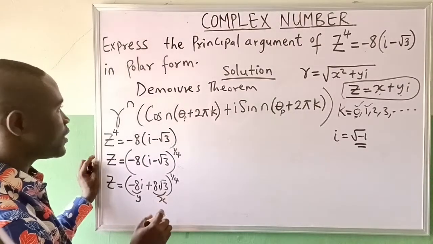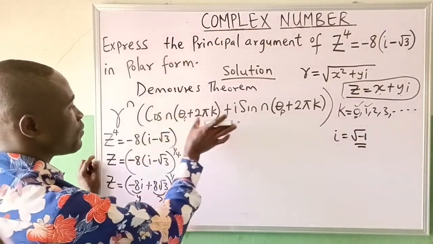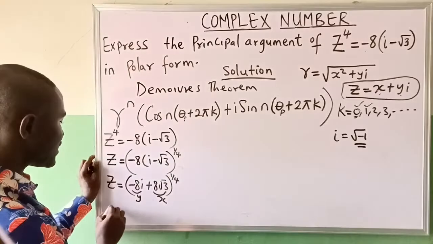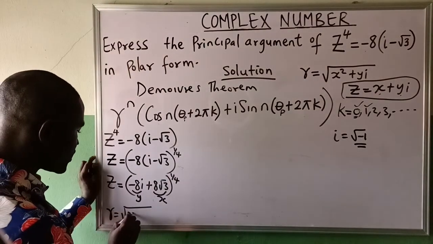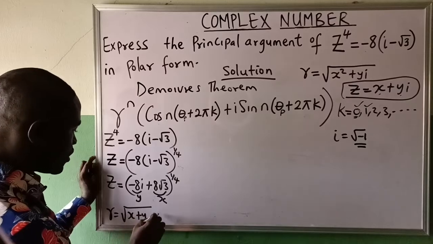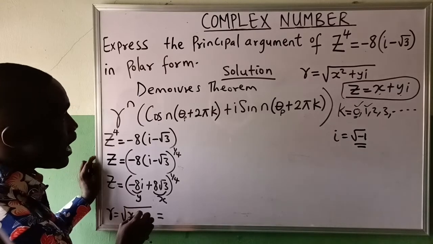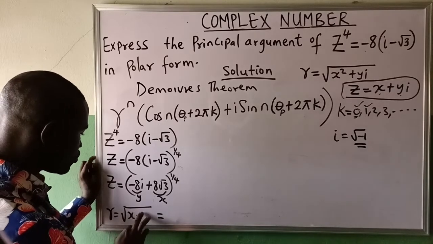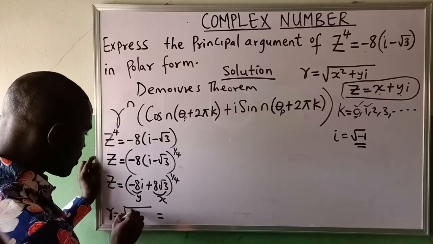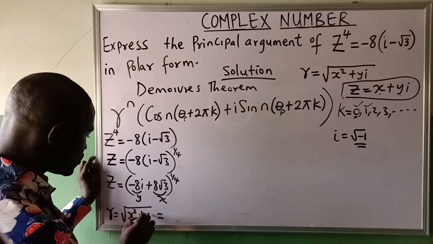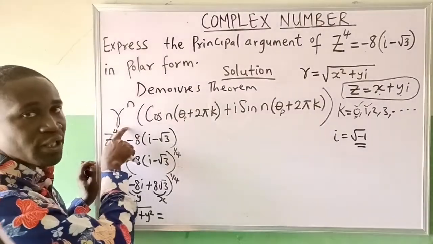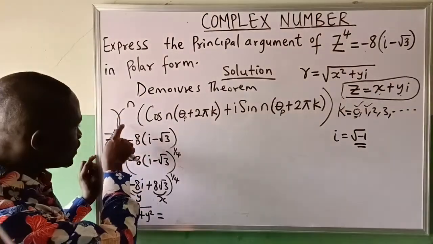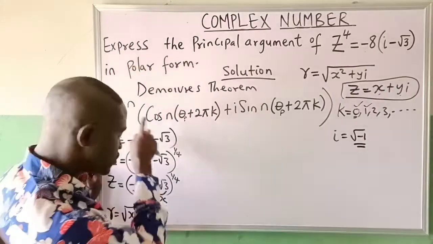Now, for us to be able to package it this way, we have to get our r. r is equal to the square root of x squared plus y squared. We call the r the modulus of a complex number.